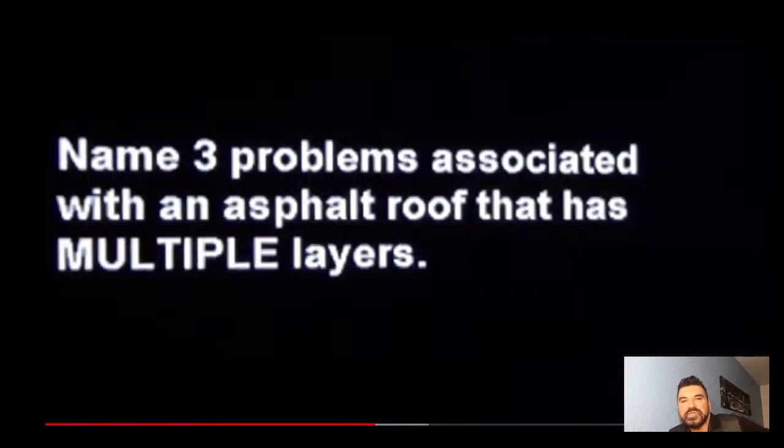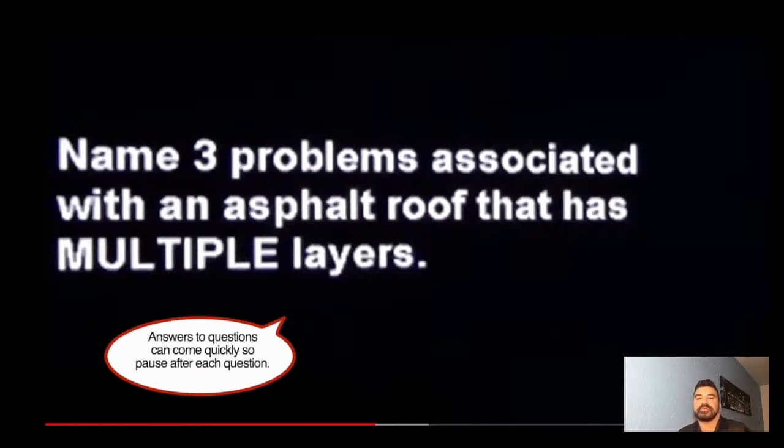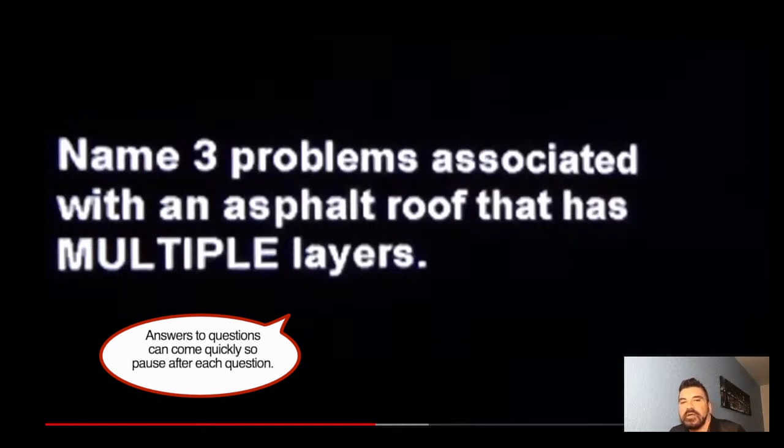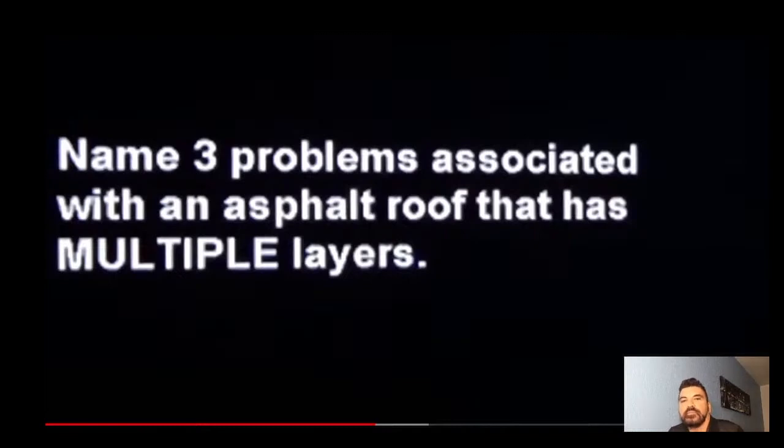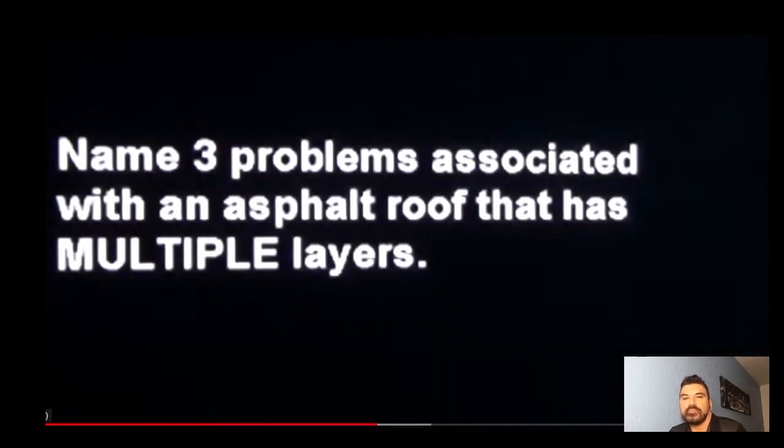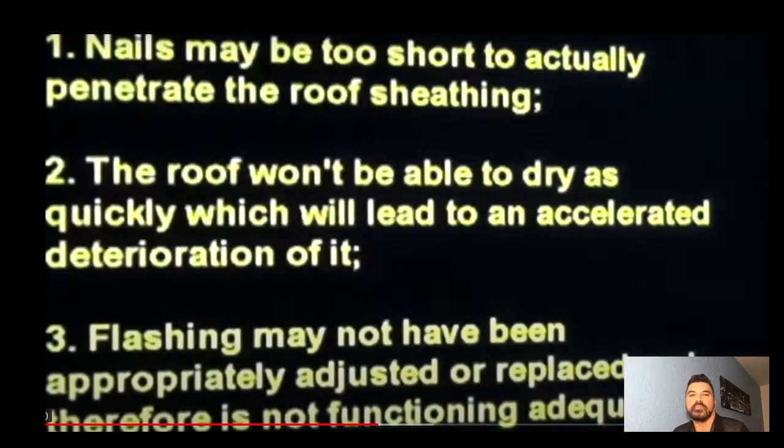Name 3 problems associated with asphalt roofs that have multiple layers. So number 1, nails may be too short to actually penetrate the roof sheathing.